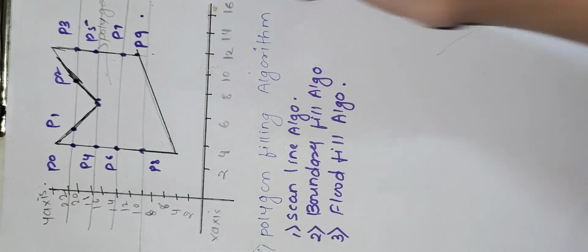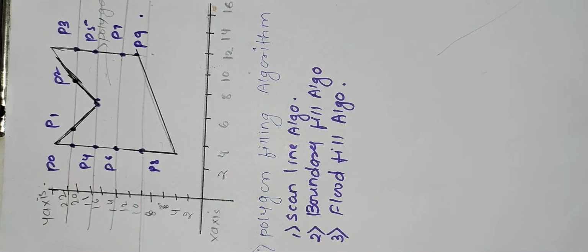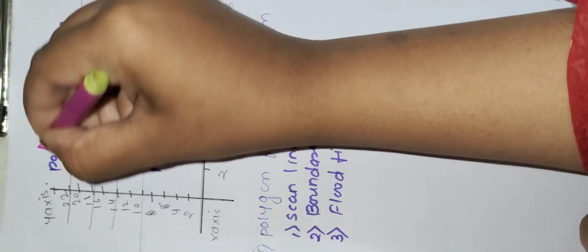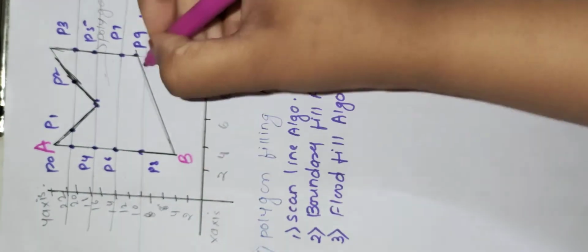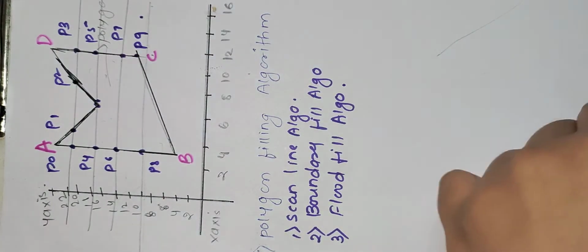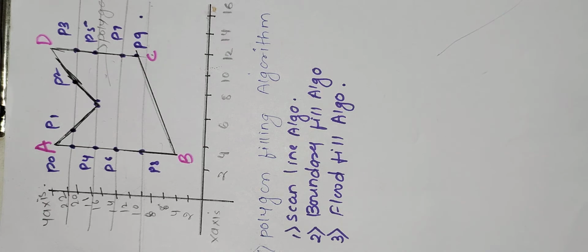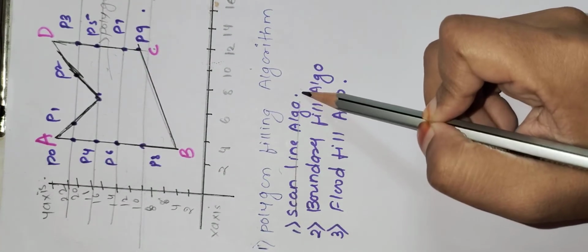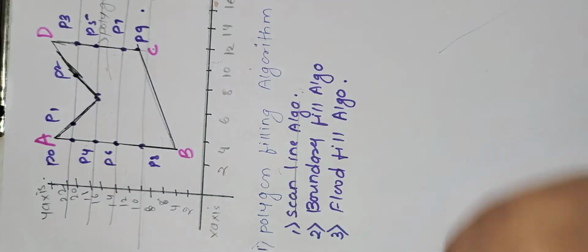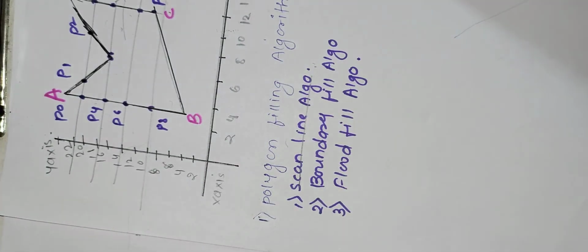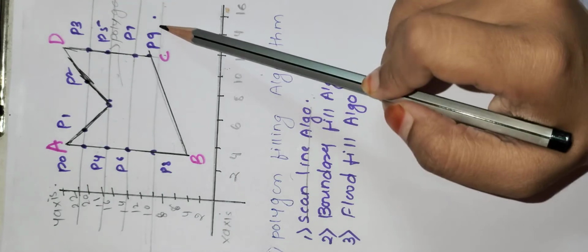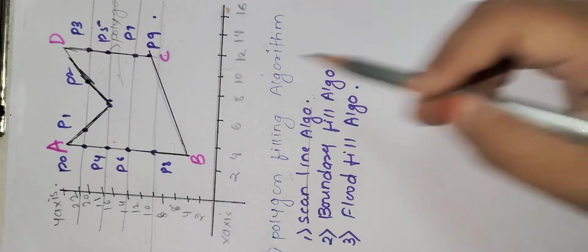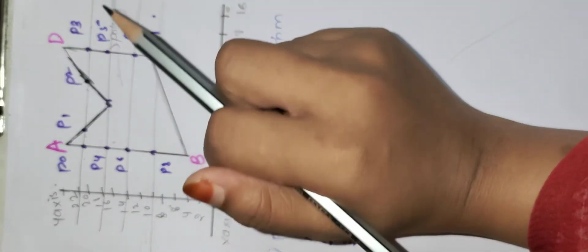Now the diagram we name diagram A, B, C, D. Now in the scanline algorithm, we first find the scan lines which pass through the polygon. Second, we have to find the intersection points.